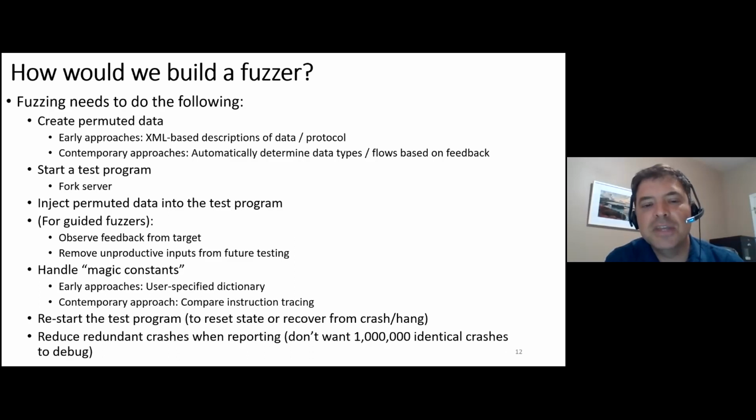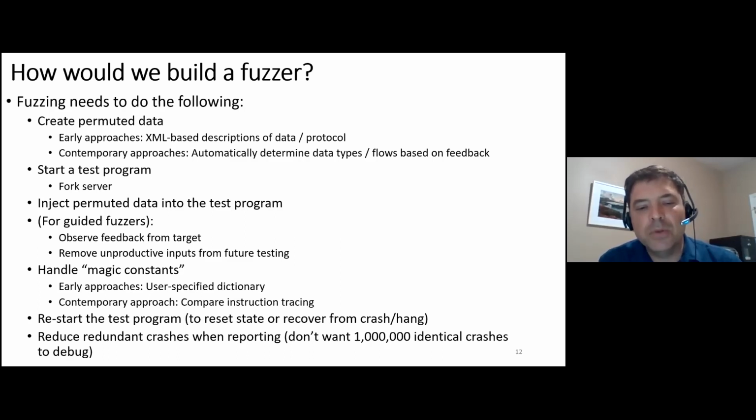Think of a password: if you don't have the right password, you're not going to get past that part of the code. Because fuzzers can also operate in a brute force way, it might take them years to find some of these magic constants because they don't really know what they're looking for, and every input they apply gets rejected.